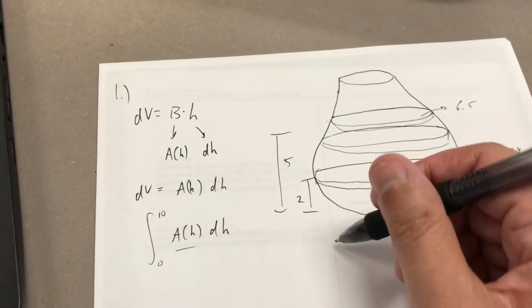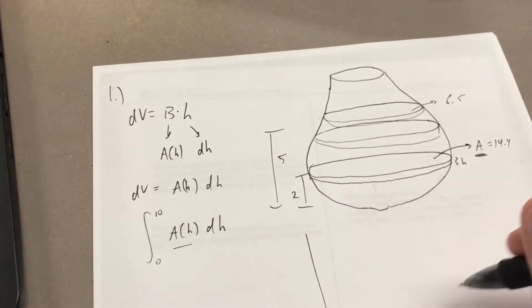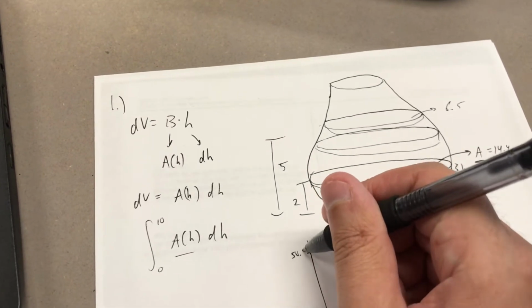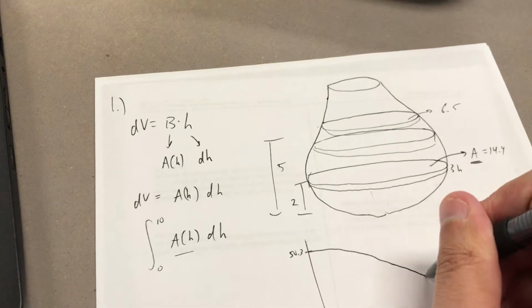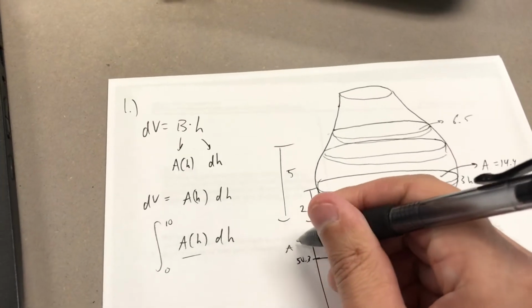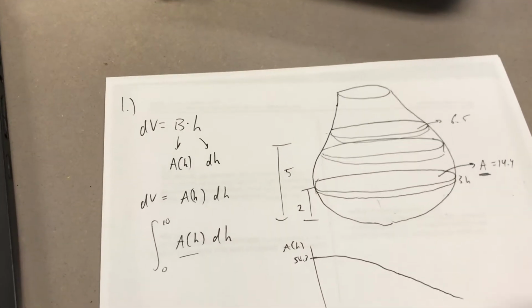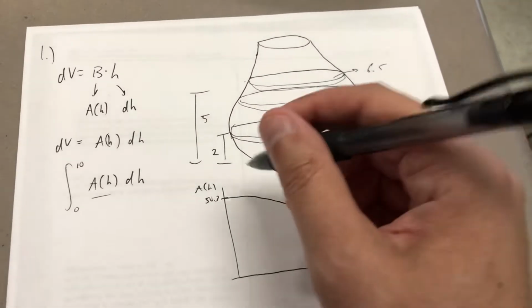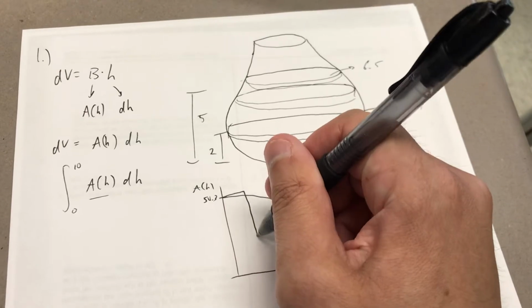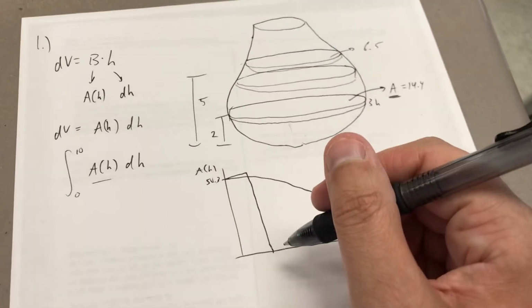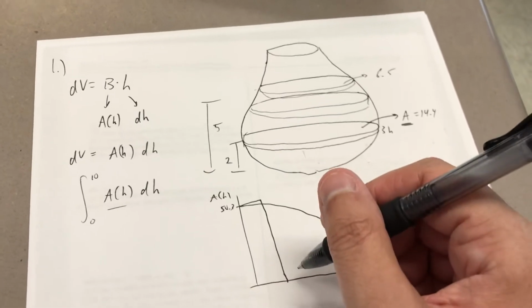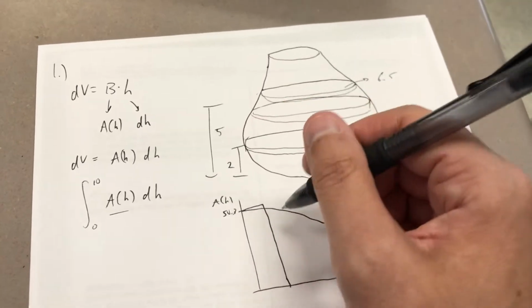So now the information they give you, this tank starts out with cross-section areas of 50.3, and it kind of drops. So the A of H graph and height would look something kind of like this. So they're asking us to do left Riemann sums with the graph. Anyway, so let's see. The first point there is at 0, 50.3.